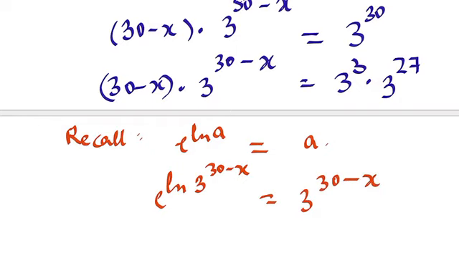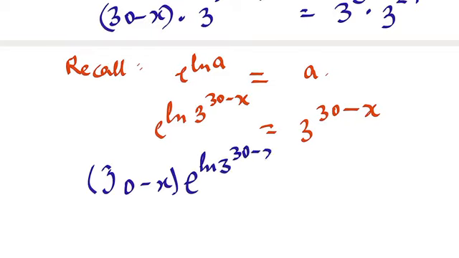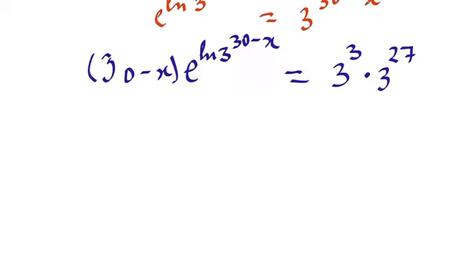Alright, so from there, we're going to have 30 minus x, then here we're going to have e to the power of ln of 3 to the power of 30 minus x, which equals 3 to the power of 3 multiplied by 3 to the power of 27.